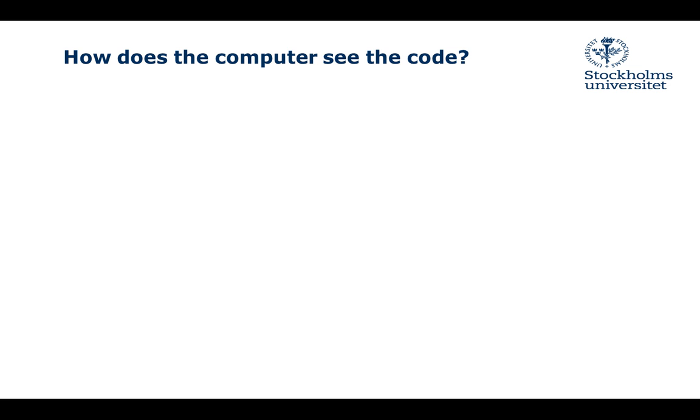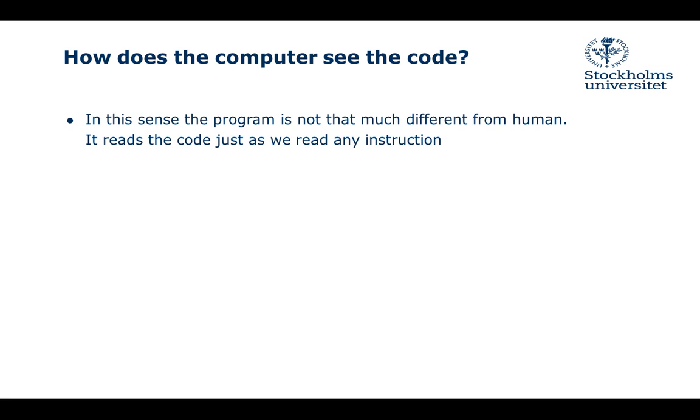So let's pay close attention to how the computer sees the code, because it is quite important that you understand it. A lot of hours were spent just because you usually don't really get the idea of why the computer doesn't understand what you want to do. So the computer is not that much different from you. It goes step by step, but it is stupid. So let's give an example.